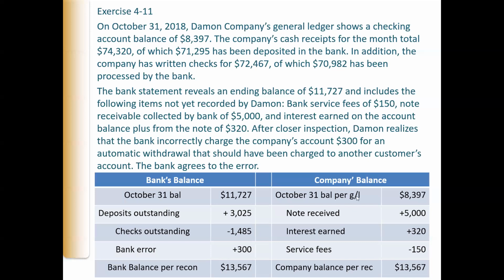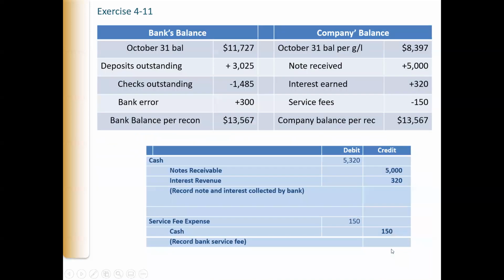Now what we need to do is anything we adjusted on the company side, we're going to need to record journal entries. The note received, the interest received, and the service fees. So we're going to show cash is debited.